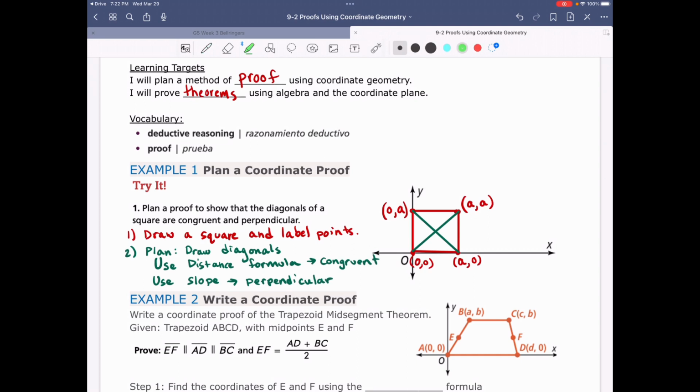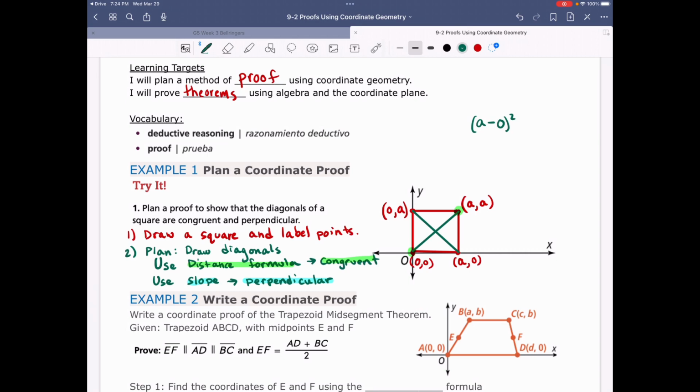Okay, so the first step of our plan is to use the distance formula to show that they're congruent. And then we have to use the slope formula to show that they are perpendicular. Instead of labeling the points with letters, I'm just going to show that we're going to go from the origin to (a, a) to figure out that distance. So the distance formula, if you remember, you can look in the poster, we are going to subtract the x values, so a minus 0, squared.